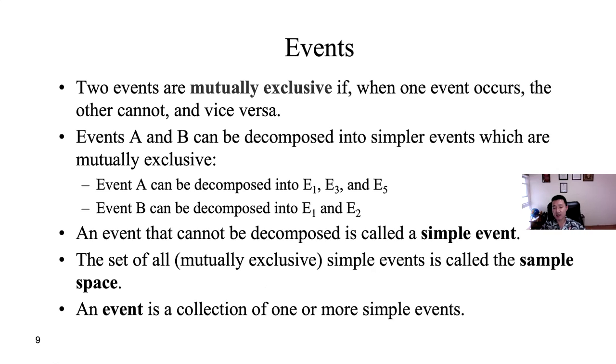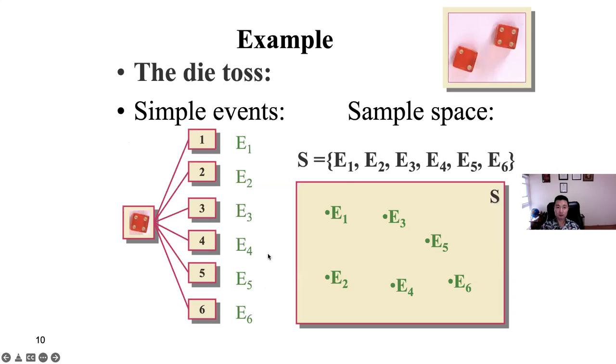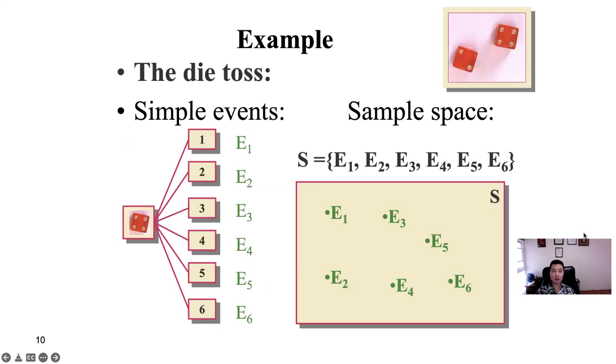And the event is a collection of one or more simple events. Again, the die problems. The simple events are these six, E1 to E6, right? And the sample space, S is for sample space, we can write like this, or we can draw something like this.